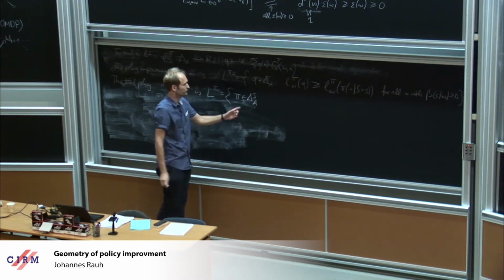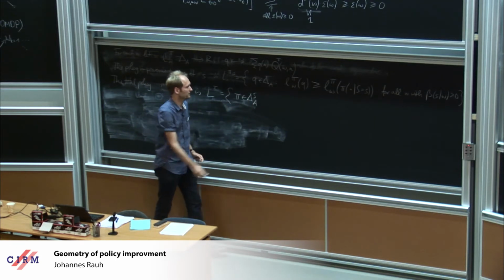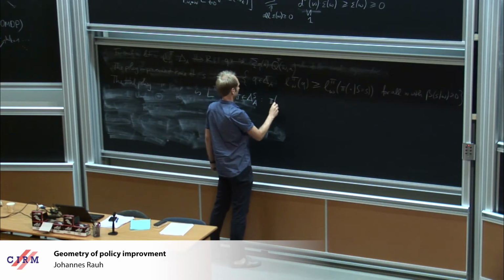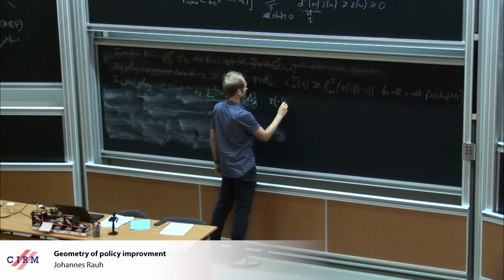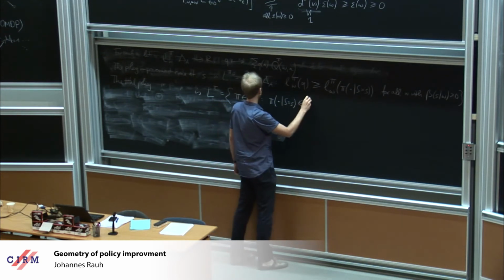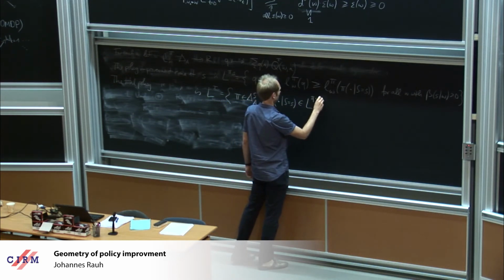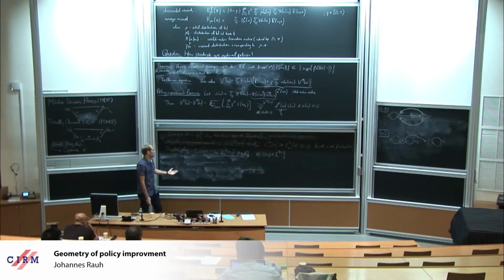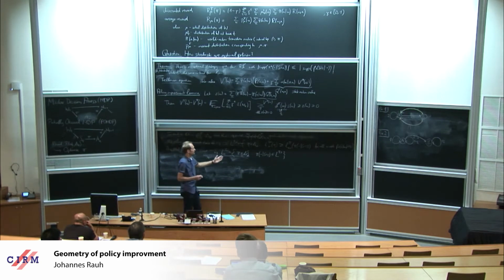So it's the set of conditional distributions of an action given a certain sensor state, such that the policy for each given sensor state belongs to the corresponding cone. We've seen before that this is a set of stochastic matrices, and the set of stochastic matrices is a product of probability simplices. In each of these factors of the product, we have one cone, and we combine them to a total cone.